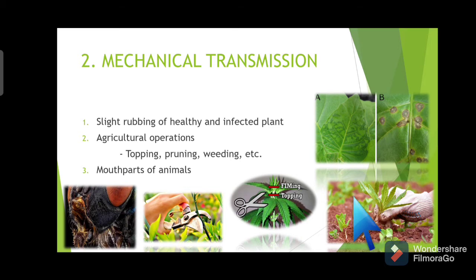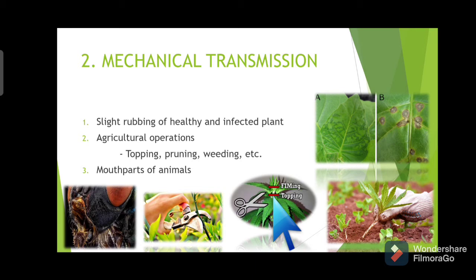During these agricultural practices, if some of the virus infected sap adhering to the tools you are using, such as gloves used for weeding, or tools used in topping and pruning, or your hands or clothes, is accidentally transferred to subsequently wounded plants, the virus transmission takes place.